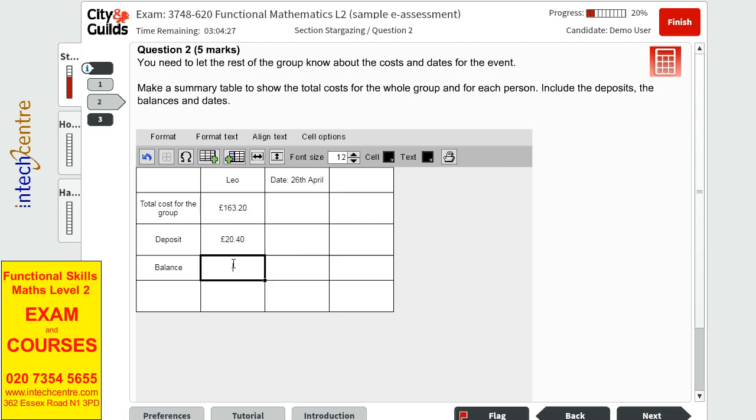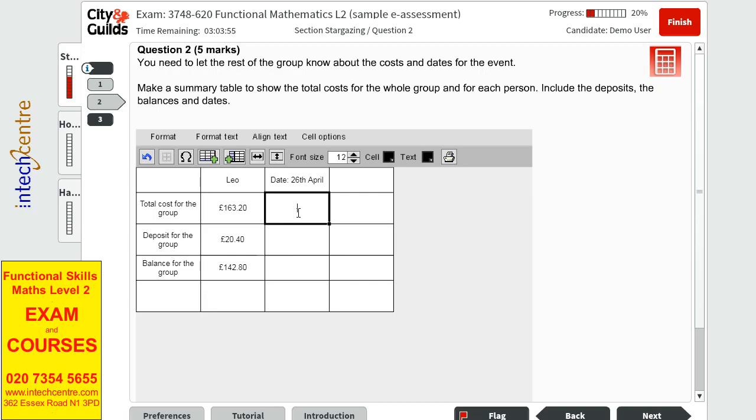The total balance is of 142.80 for the group, this again will be for the group, because the question is asking you for the whole group and for each person. So we've done for the whole group, and then we'll do it per person. We have the balance, we have the date there.